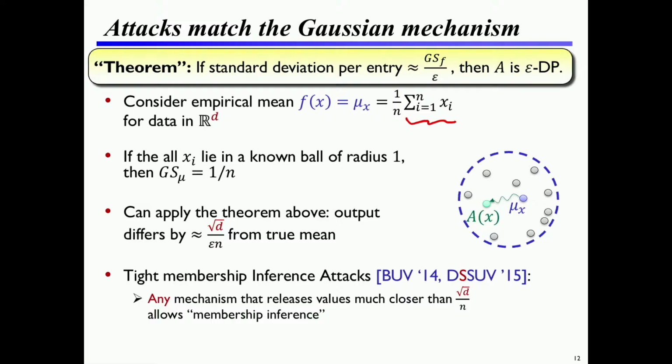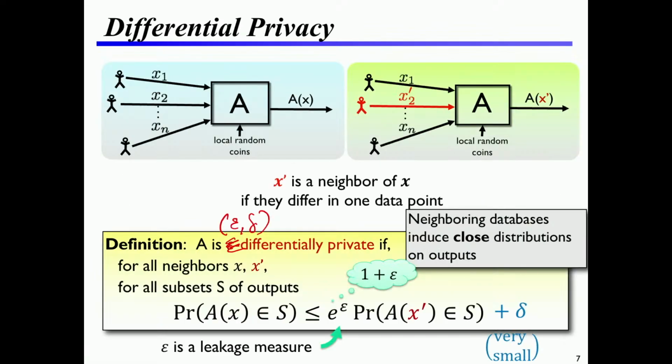And so that's just to connect this: why is this interesting? Well, if we think about what this definition is telling us, if I go back here for a second, it is in some sense about resistance to membership inference.